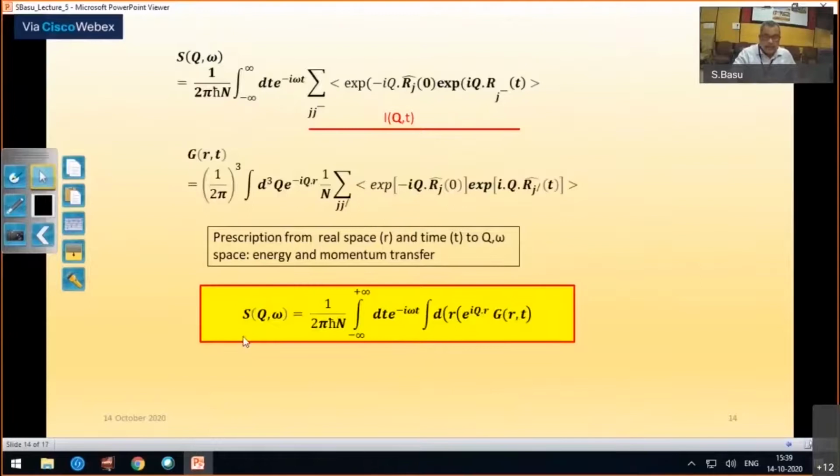So this is the take in this talk, and this is the correlation function. This is the real space correlation function, which gives me the scattering law in q omega space, which is the space in which my measurements are taking place. When you do a measurement, you prepare a neutron beam of a given wavelength in a certain direction with a certain energy.